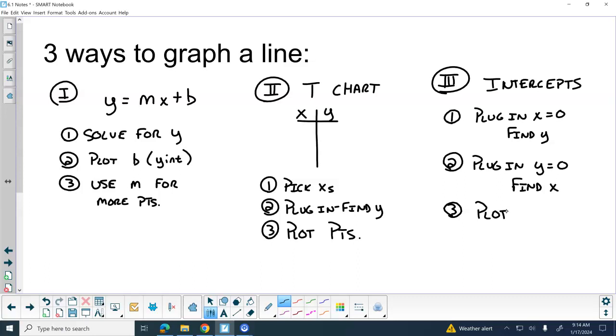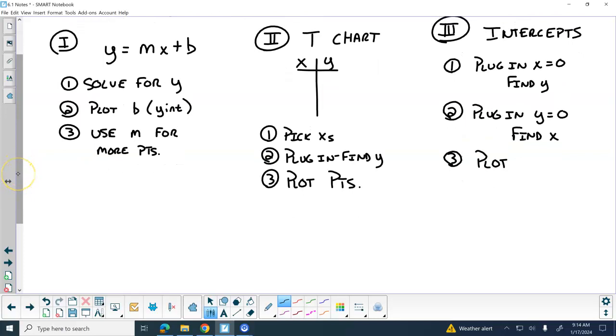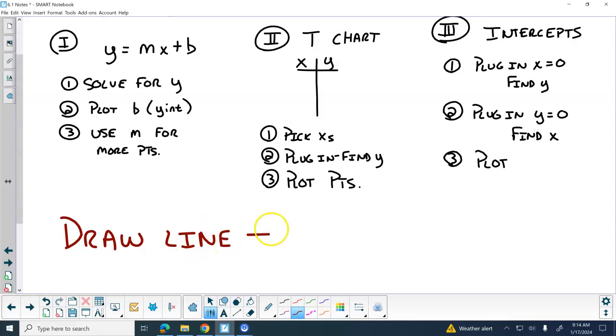Now, one big crucial thing here at the end. When we draw our line, what should you for sure now use? When you're going to go draw your line, you got to use something straight. You got to use a straight edge.